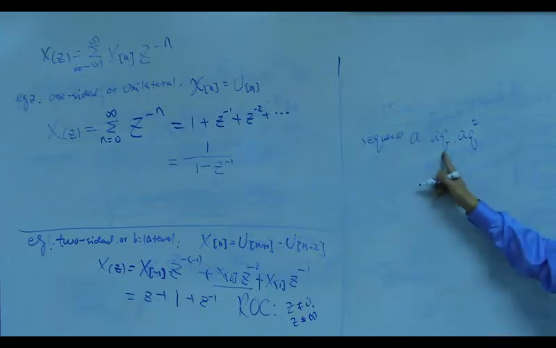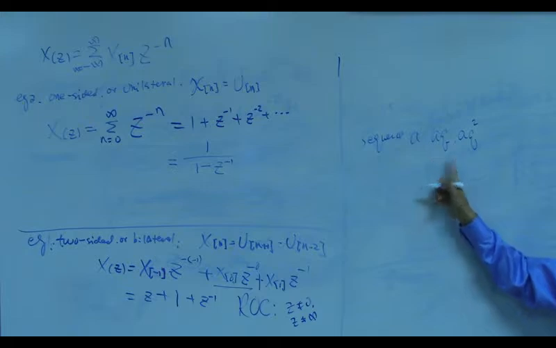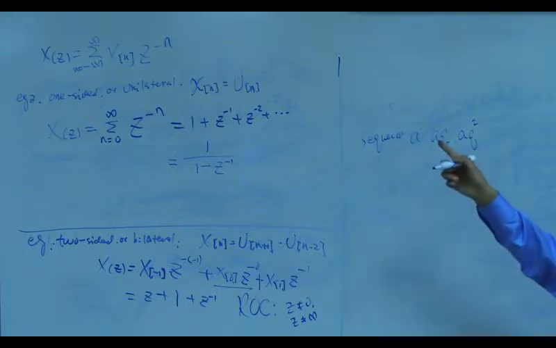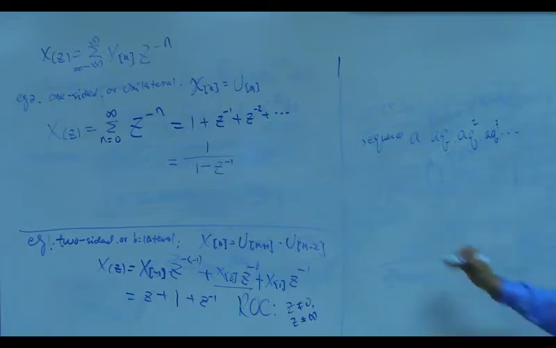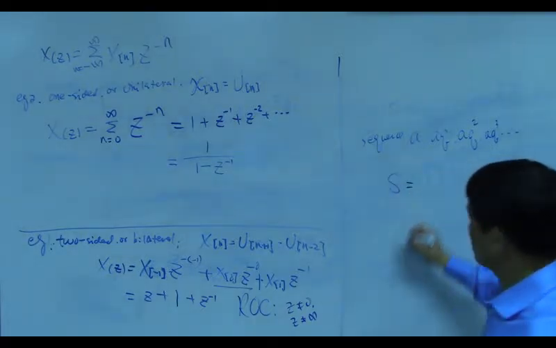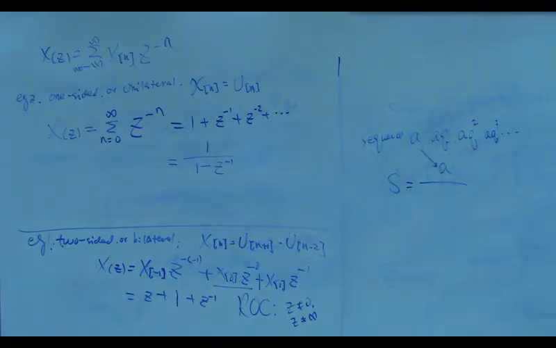So you can see the ratio between adjacent terms is q. What's the next term? a q to the 3, and so on. If we have an infinite number of terms, then the sum will be equal to the first term divided by 1 minus the ratio. What is the ratio? q. So the sum is a divided by 1 minus q, that's it.